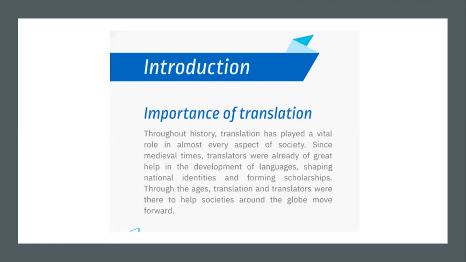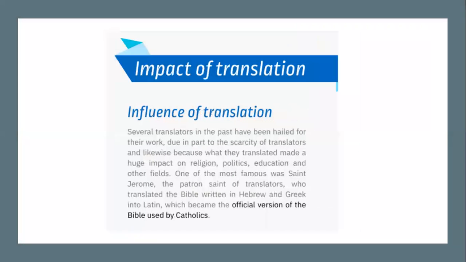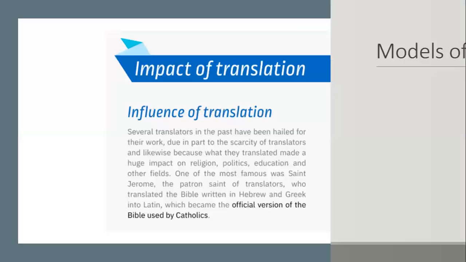Through the ages, translation and translators were there to help societies around the globe move forward. One of the most influential translators was Saint Jerome, who translated the first Bible used by Catholics from Hebrew to Greek. So this Bible is still used nowadays.